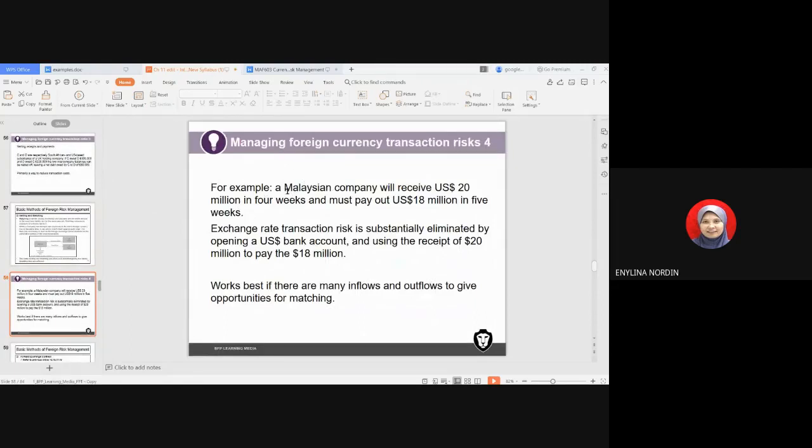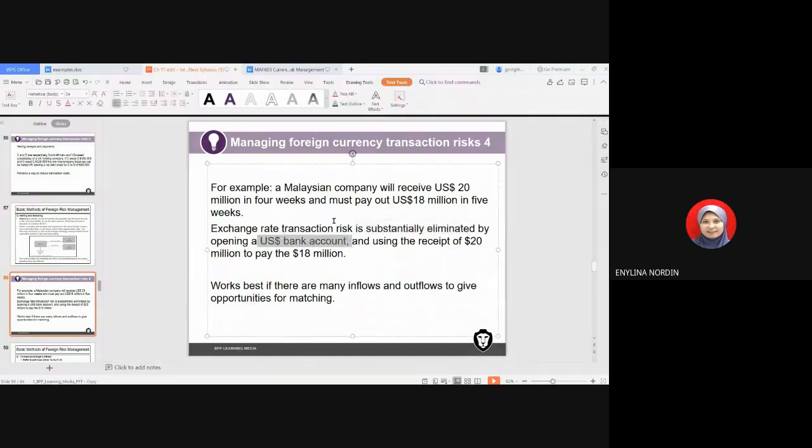Netting and matching. In this example, a Malaysian company will receive 20 million in 4 weeks and must pay out 18 million in 5 weeks. So the difference is only 1 week. The exchange rate transaction risk is substantially eliminated by opening a US dollar bank account. The company opens the bank account and uses the receipts of 20 million US dollar to pay the 18 million.